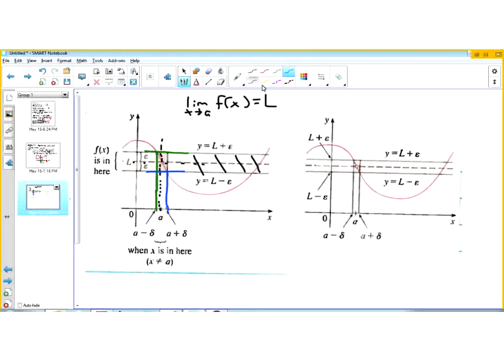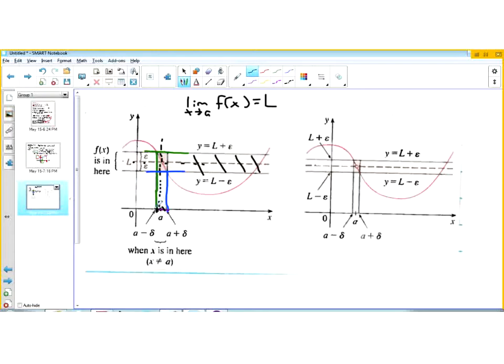Now if I can find my A value on the ensuing interval defined by these two points, the green point and the blue point, then I've established the existence of a delta. Now it may be the case that we have an asymmetric interval.